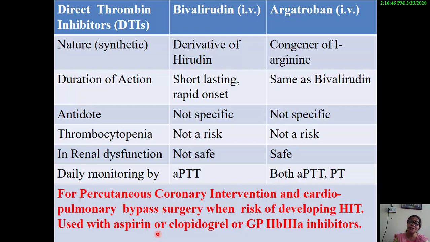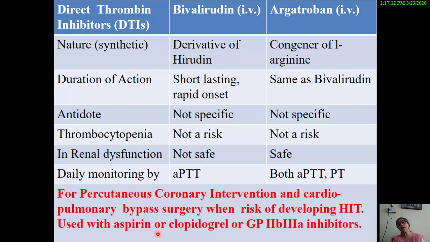And when bivalirudin binds to the substrate recognition site on thrombin, bivalirudin itself becomes a substrate for thrombin, where thrombin brings about a proteolysis of bivalirudin and is also responsible for reversing the effect of bivalirudin. So this is the mechanism of action of bivalirudin.